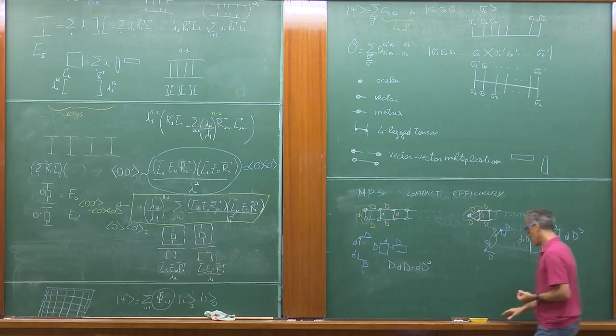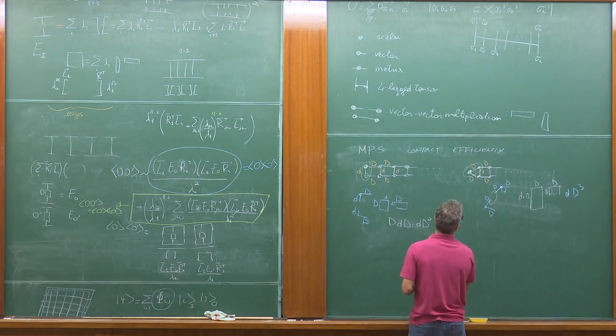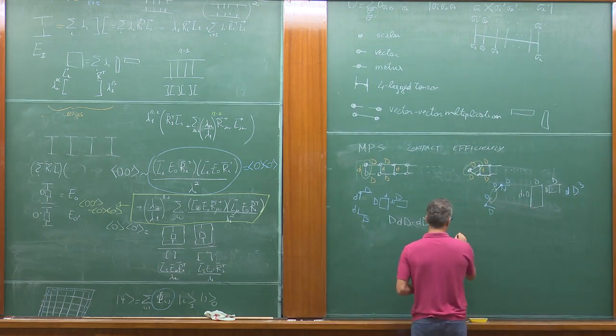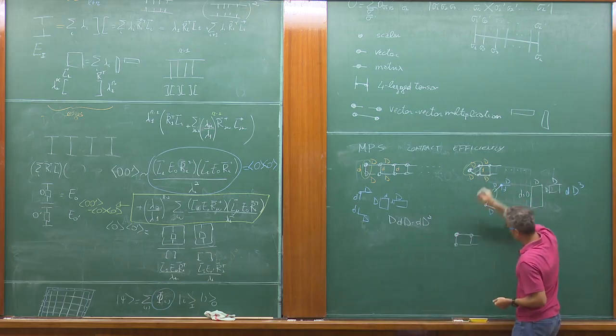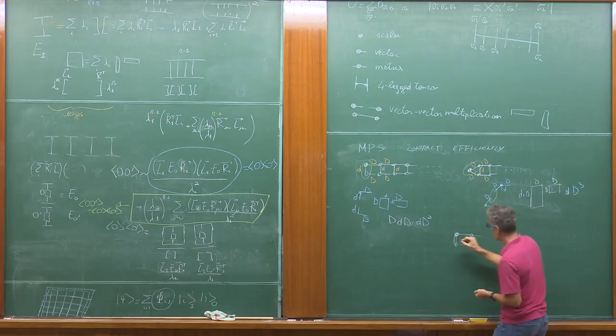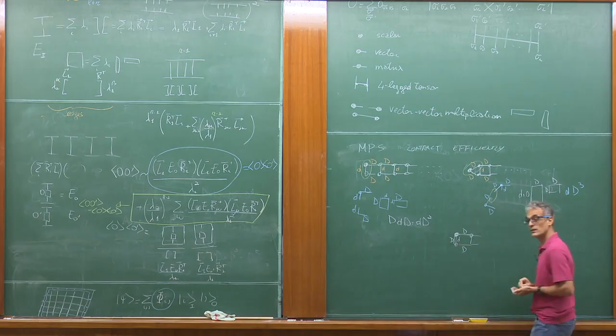And once I do this, what do I have? I'm left with a big blob here, connected to this. And now here I have a bigger leg, because I have a D and small d, D and D.